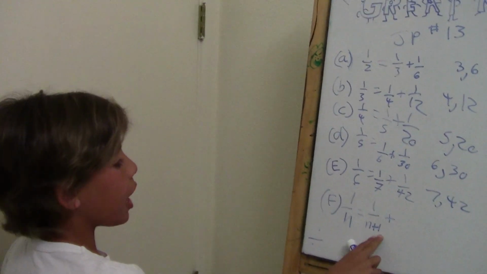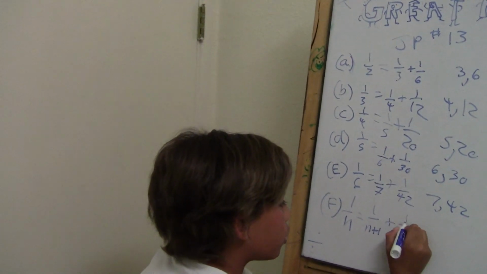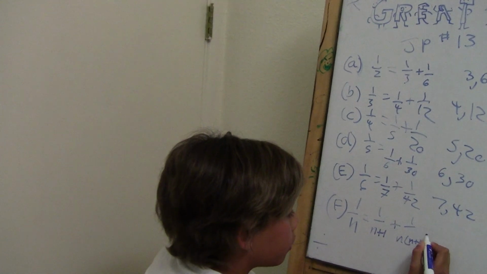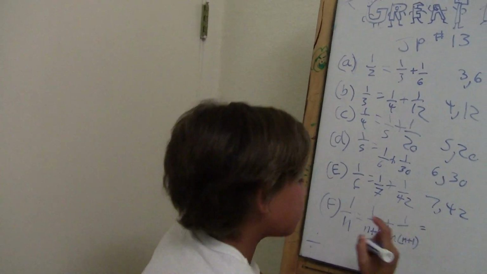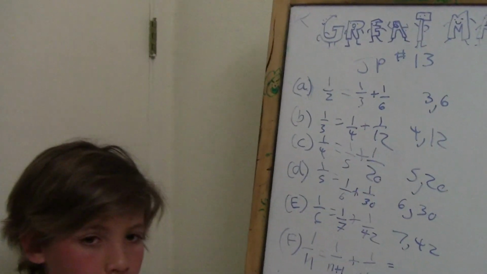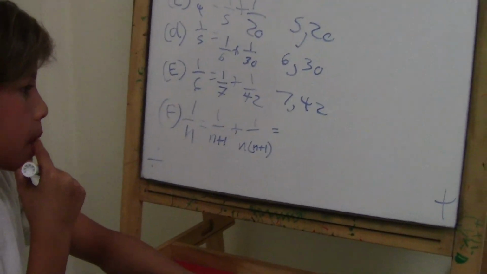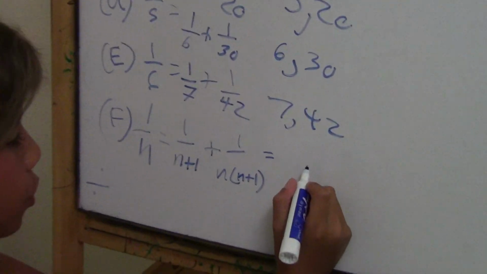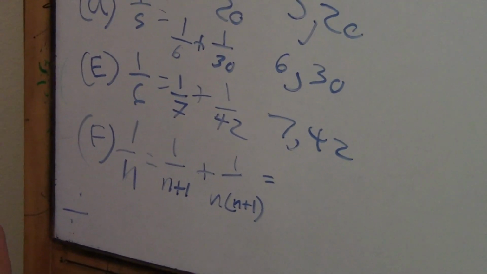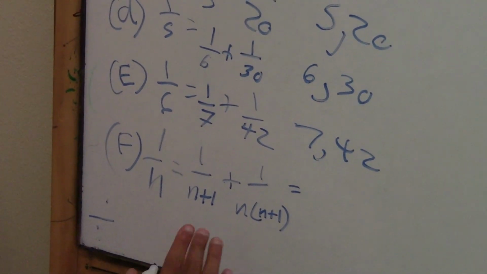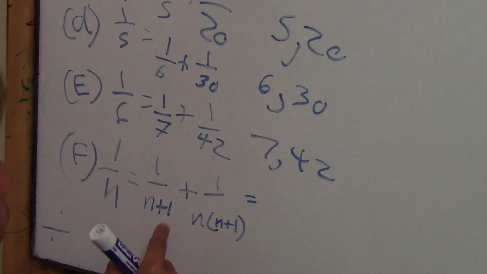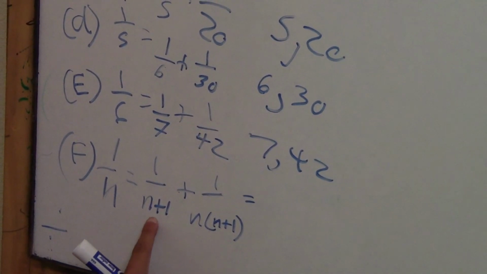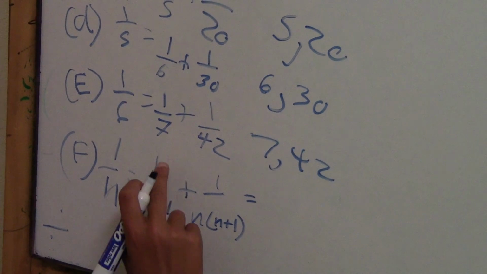So that means n times n plus 1. So that would be n(n+1). Okay, let's crank up this thing. We're not sure if this could be or could not be. It is equal to, so basically, before we do an addition, we have to make these fractions even. So basically, you would have to do n times n plus 1, and this would be n times 1.